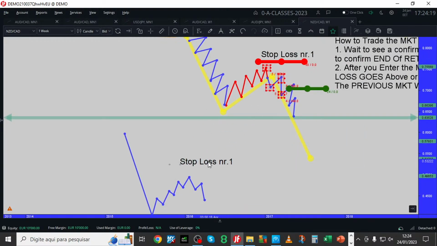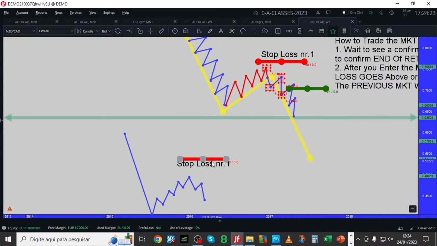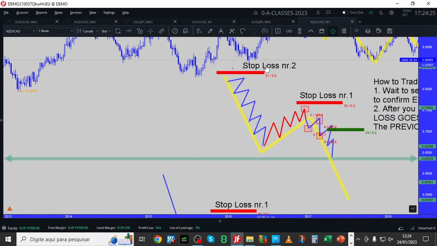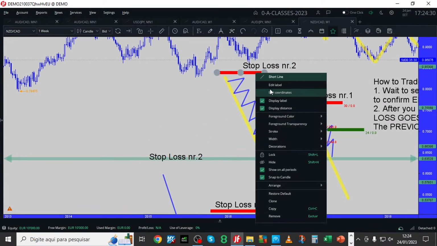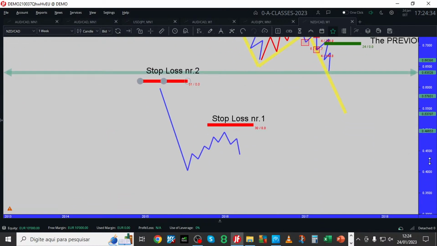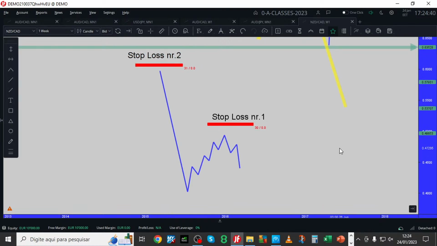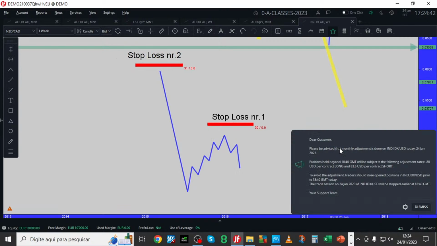Everybody, another example. Which one is the correct stop loss? Stop loss number 1 or stop loss number 2? Julius number 1, Jordanka number 1.